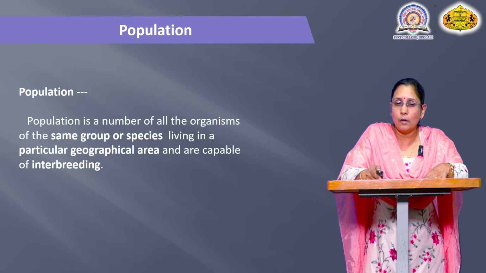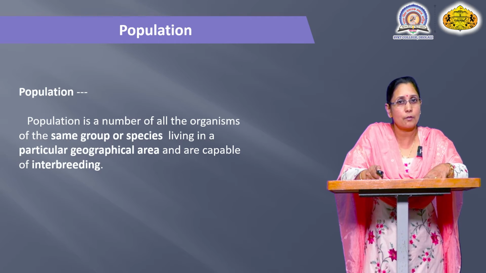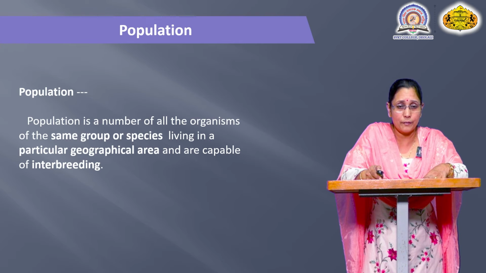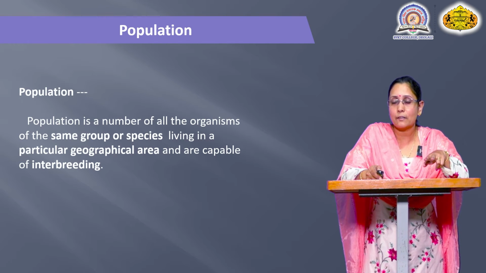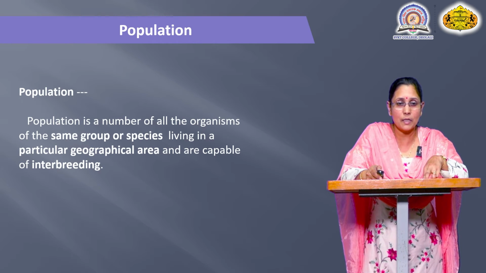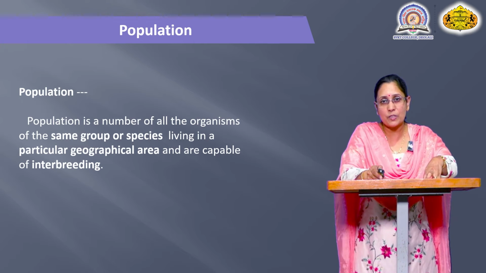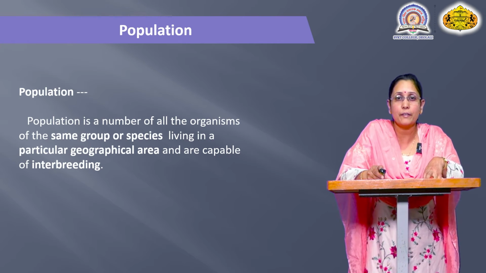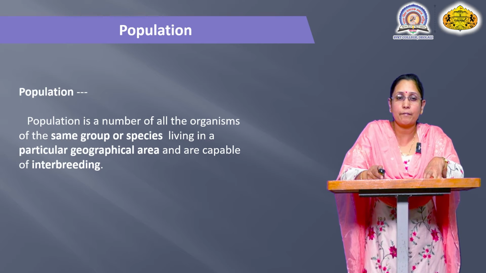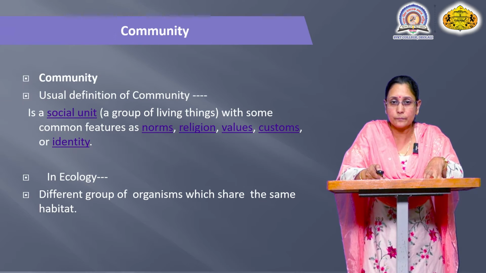It's the number of all organisms of the same group or species, the group of organisms which belong to the same species, living in a particular geographical area and capable of interbreeding. Here two factors are important: they belong to the same species and they are capable of interbreeding. So this is the definition of population.